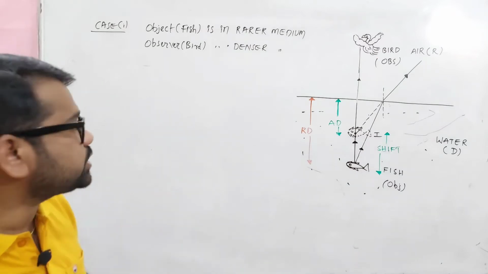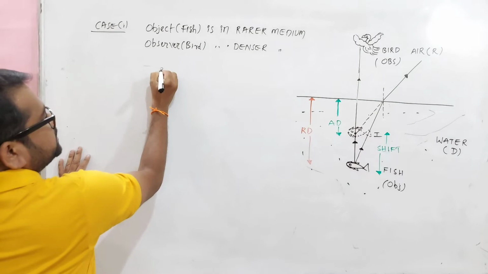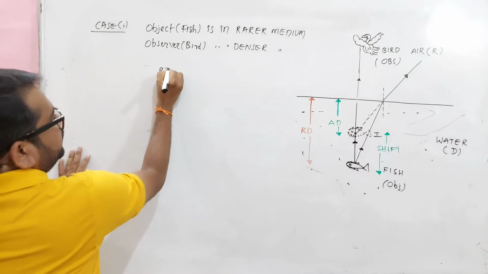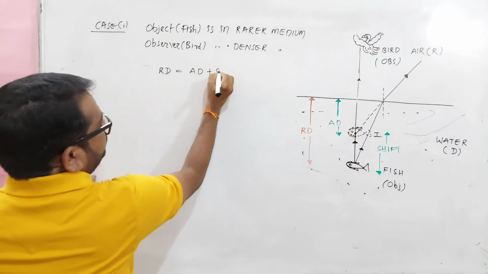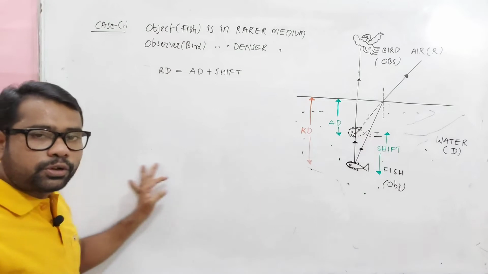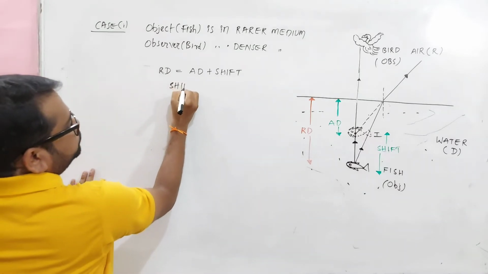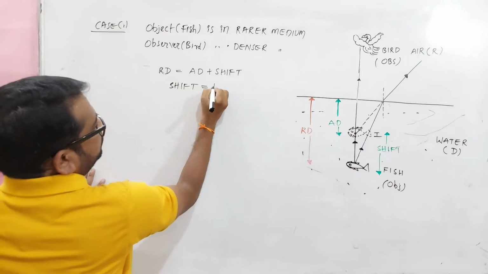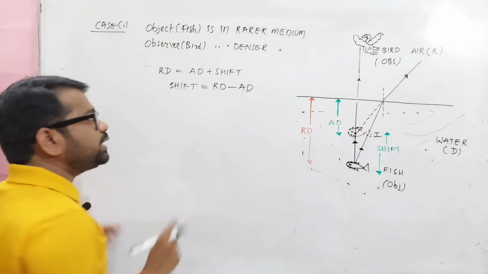Look at here. It is very clear that real depth is equal to apparent depth plus shift. Am I clear? So in order to calculate the shift, shift is equal to real depth minus apparent depth. Children, it's a very important formula.